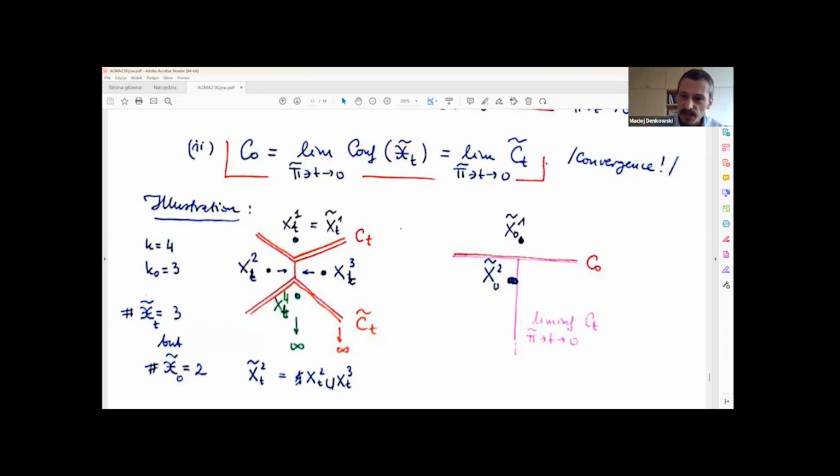So C0, the limit, is just a line, and it is indeed the conflict set between the two limits. But if you look at the convergence of the initial conflict sets, the things in red, the upper part becomes linear, and the lower part disappears to give you a line. So this is the thing in purple. The lower limit is a bigger one, and that is all.